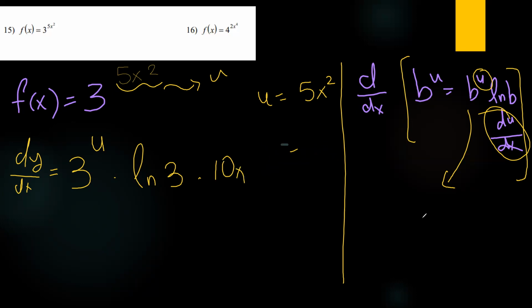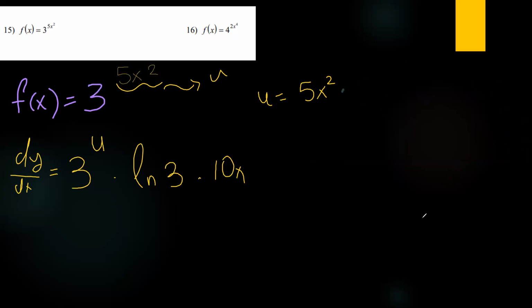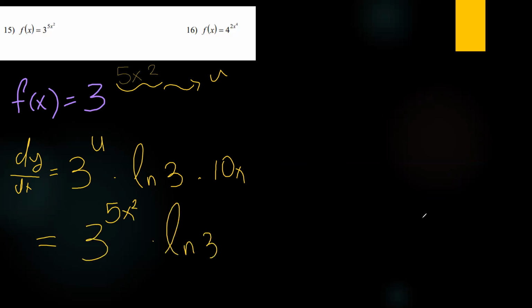After I wrote my derivative, now let's replace u with 5x squared. So it will be 3 raised to the power 5x squared times ln 3 times 10x.